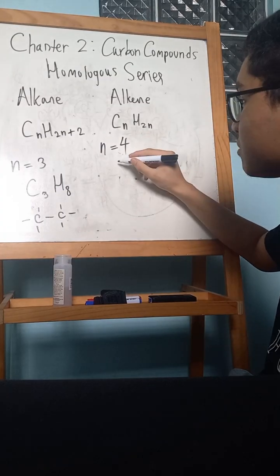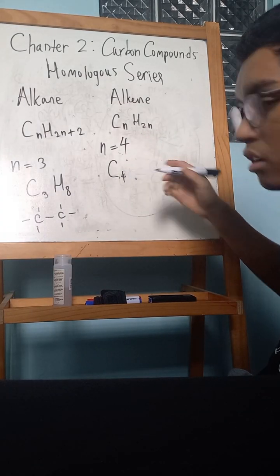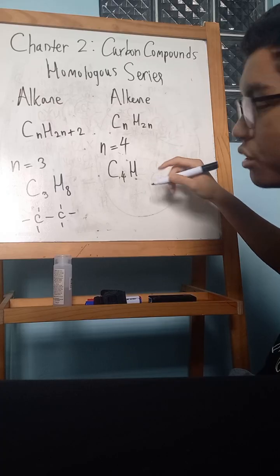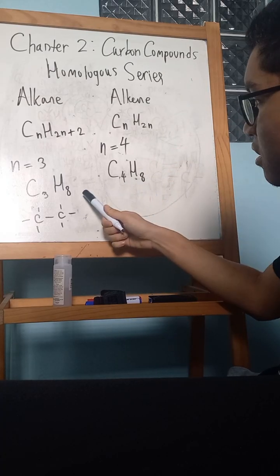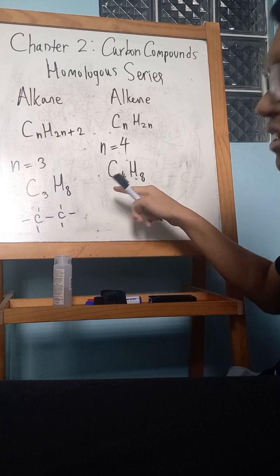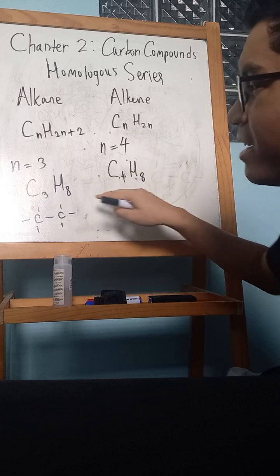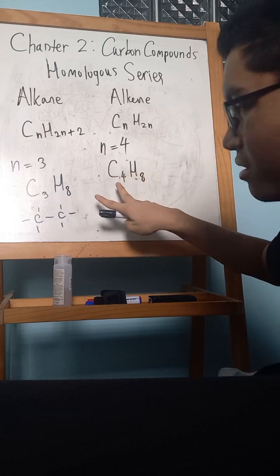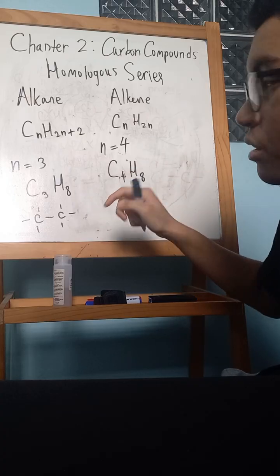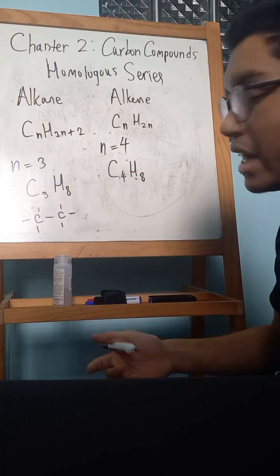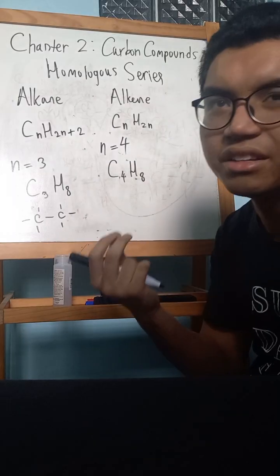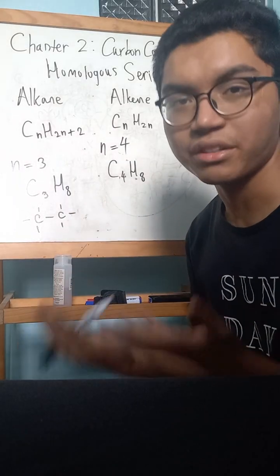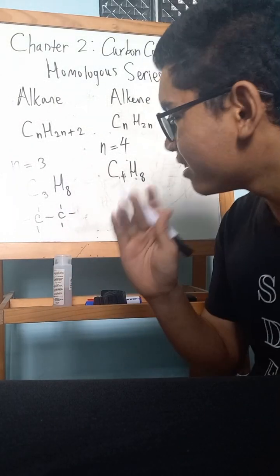Sub it in. C4H, 2 times 4, 8. See how these two have the same number of hydrogen atoms, but a different number of carbon atoms? That's the key difference behind it. Well, not the key difference, but one of the big differences. Okay.